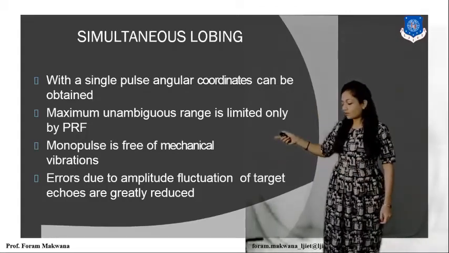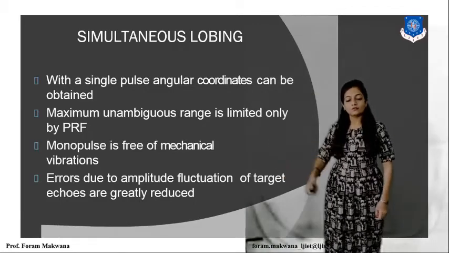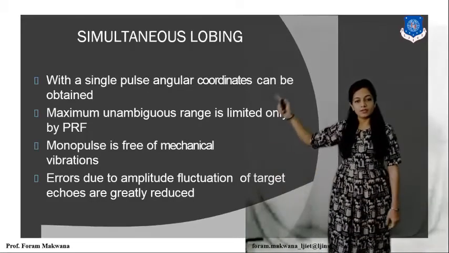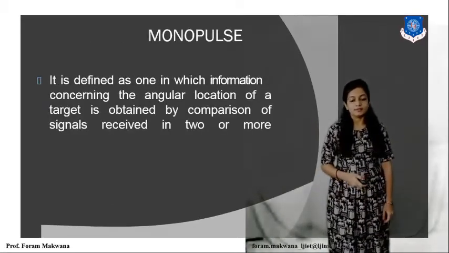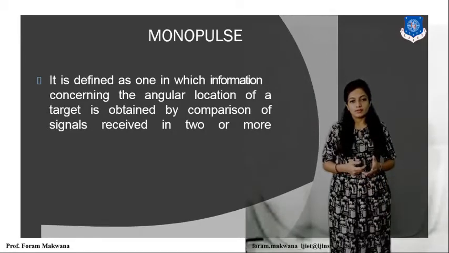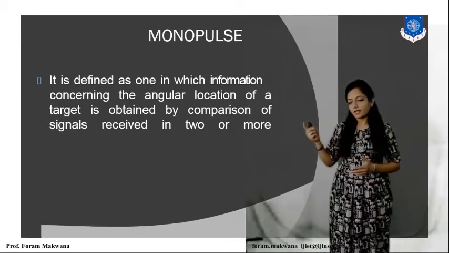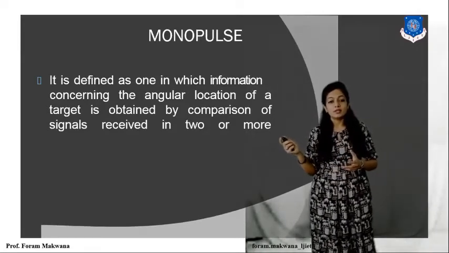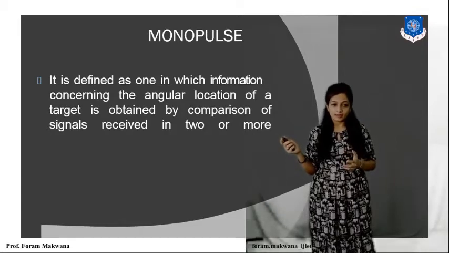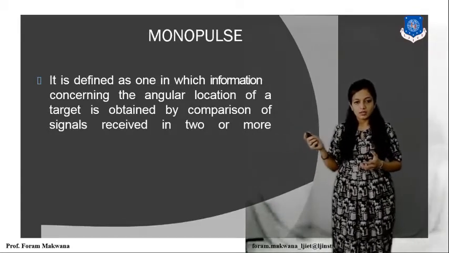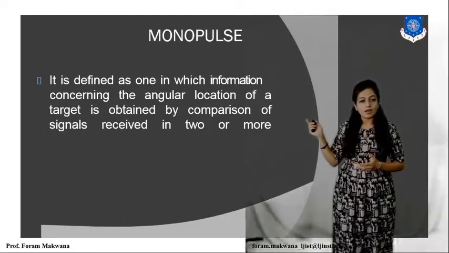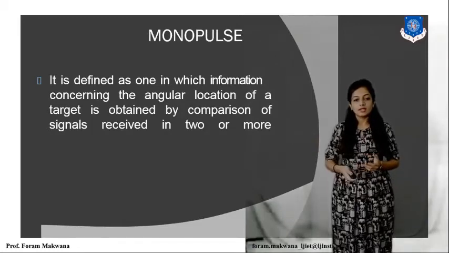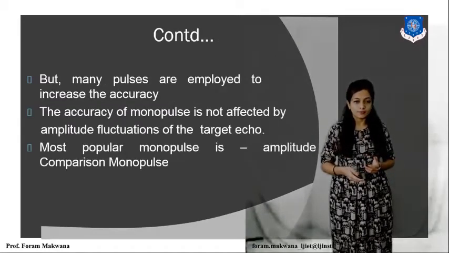Okay, so this is the error of conical scanning, this is the error of sequential lobing. Both these errors are going to be nullified with the help of simultaneous lobing. So what is monopulse? It is defined as the one in which the information concerning the angular location of the target is obtained by the comparison of the signal received in two or more beams.